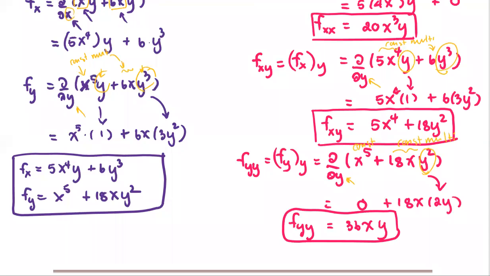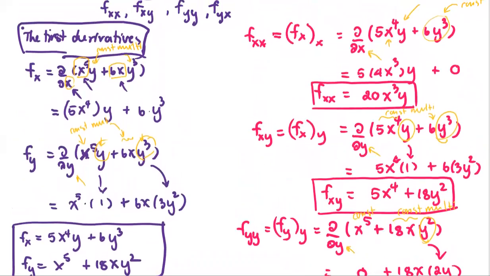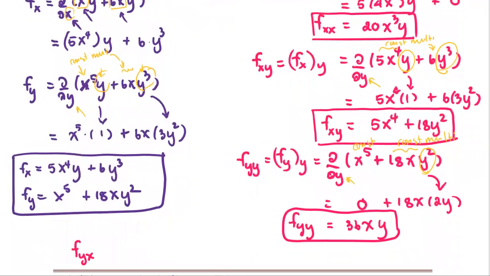Okay. And then one more, the last one, which is fyx, which means the second partial derivative with respect to y first and then x later, or the partial derivative with respect to x of the fy, which is x to the fifth plus 18xy to the second. And what we have here, we have x as a variable. We treat y as a constant multiple.